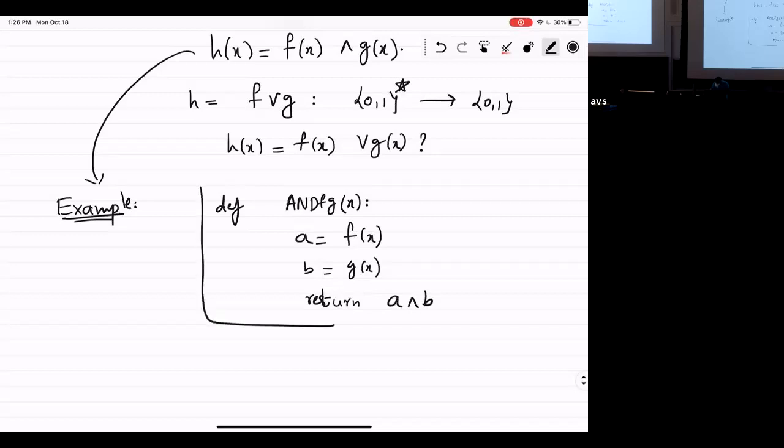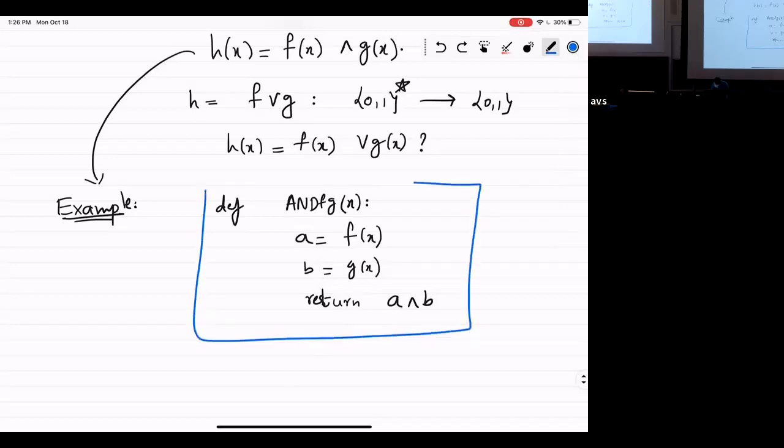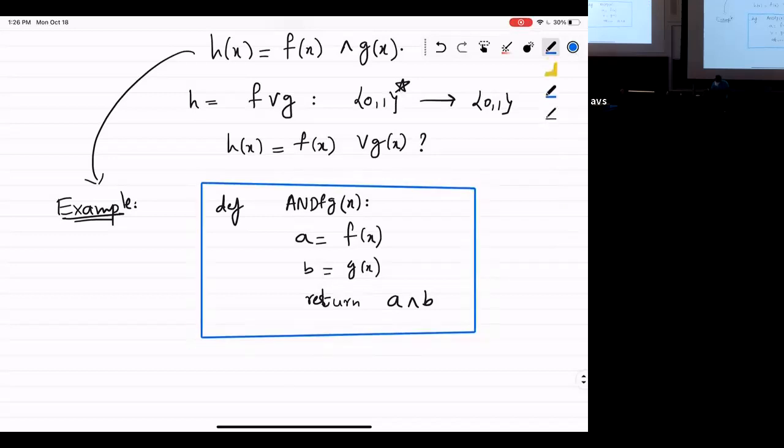I just slowed down the steps separately. If you were to write this in my favorite programming language, this is exactly what I would do. I'd compute f of x, compute g of x, and return the AND of the two.